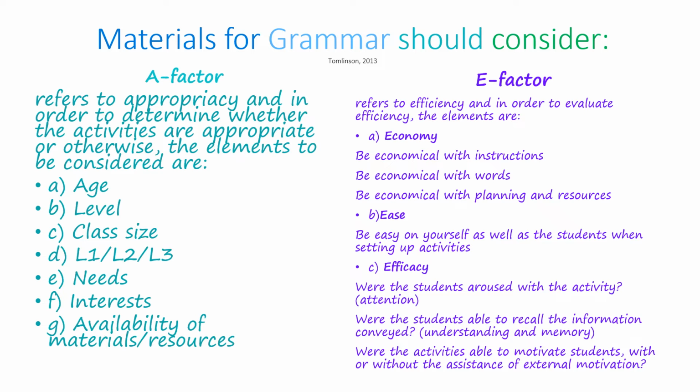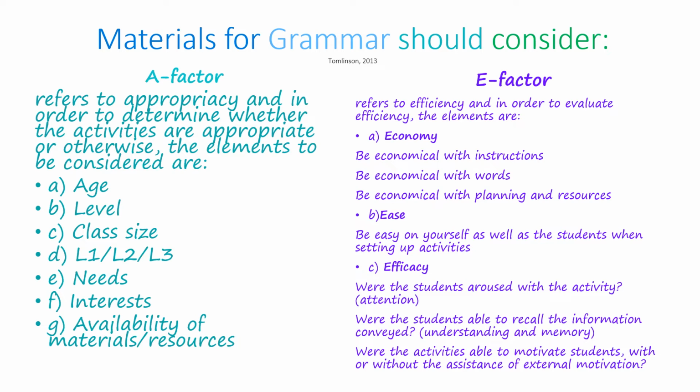Right. Besides the A factor, we have the efficiency factor or the E factor, which can be divided widely into three areas: the economy and ease, as well as efficacy. So, what is economy? You should be economical with your instructions, with your words, because too many words and too much explanation can confuse the students.